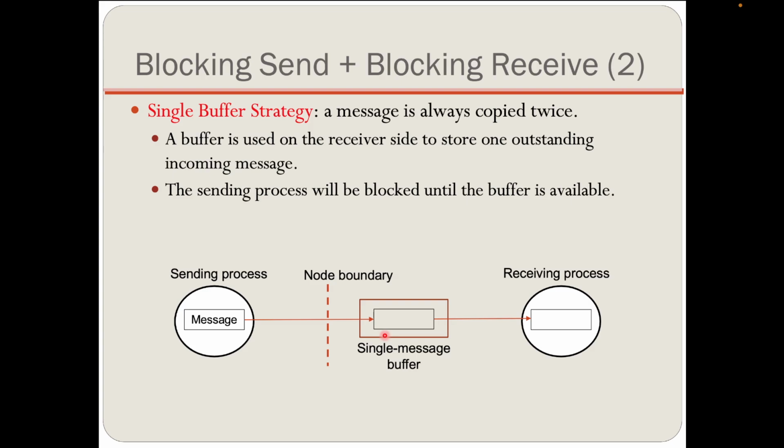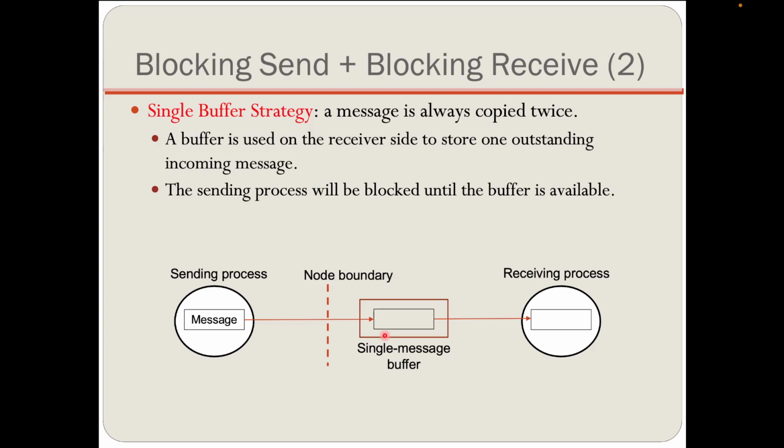So to support non-blocking send with blocking receive, one possibility is that we use a multiple buffer strategy on the sender's side, because remember we require the sender to be non-blocking. That means whenever you try to send, you hope to get the return immediately. So if there's a buffer in the sender's host, then as long as the buffer is available, the message is copied from the sender to this buffer, and then the sender's primitive can return.